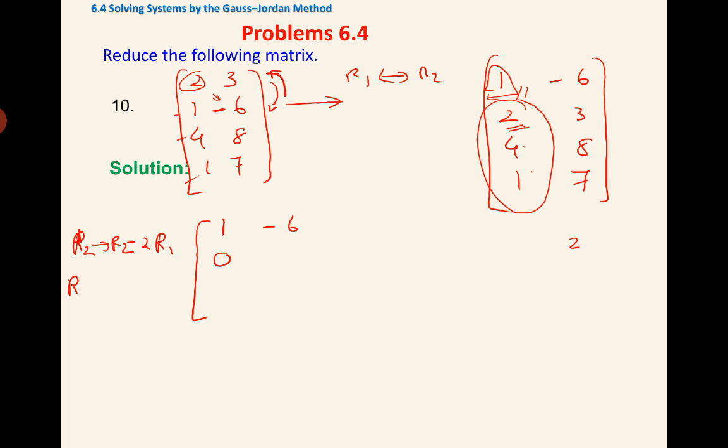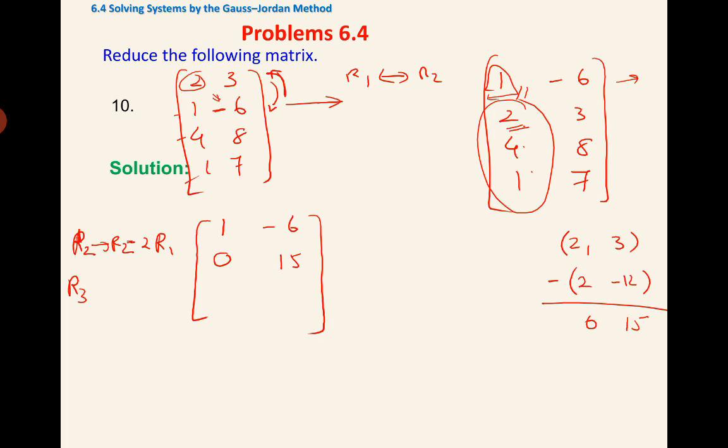R2 is 2 and 3 minus 2 times R1. R1 is here. 2 minus 2 will be 0, and 3 plus 12 is 15. So here we get 0 and 15.